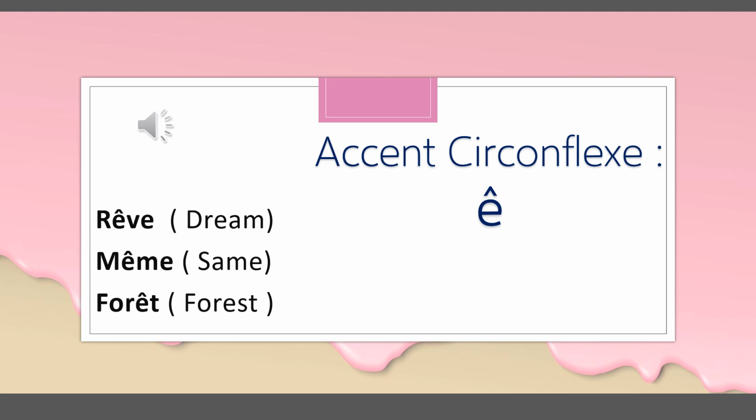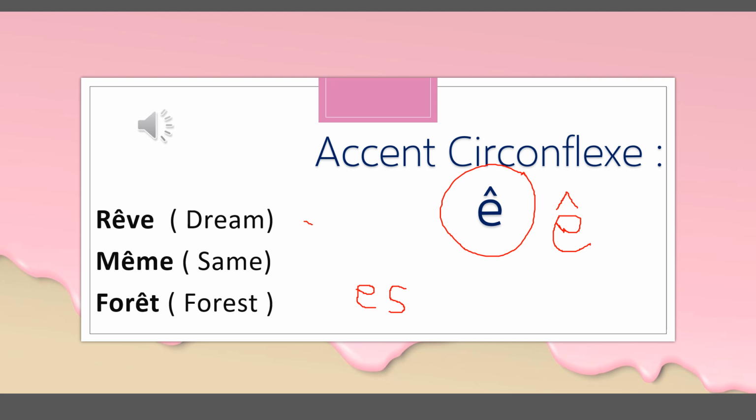Now, the third one, and I will stop here, of course, because again, like I said, I don't want to overload you. This is the accent circonflexe. Okay, so it's a little hat on top of the E. And why is that? Well, the French linguists really wanted to mark and emphasize a particular sound at a certain time or for a certain word.